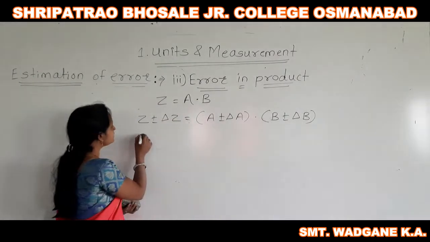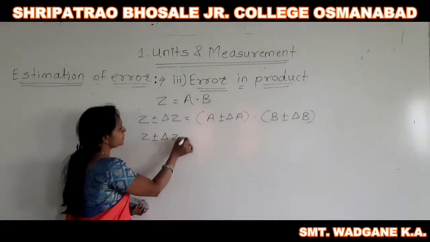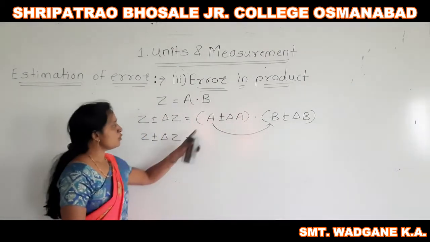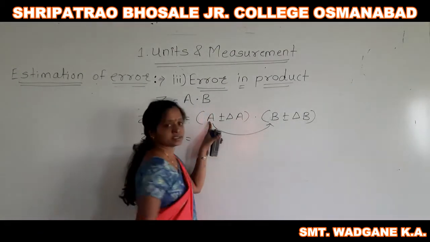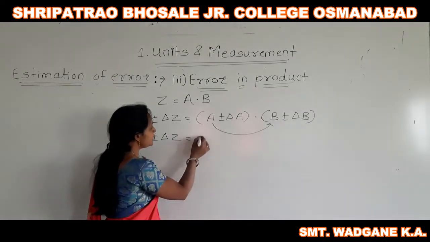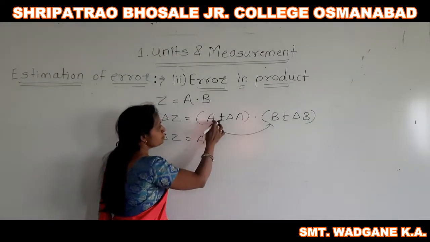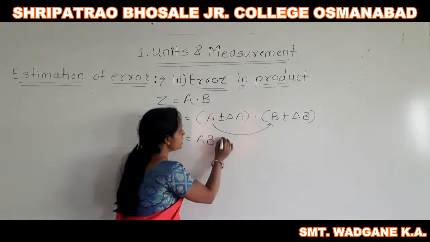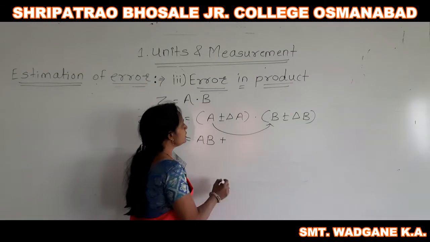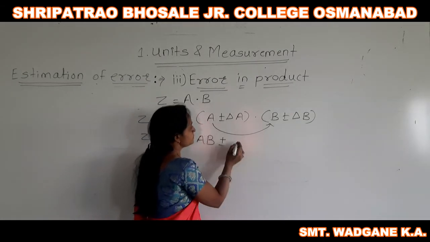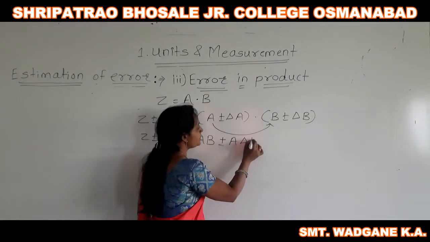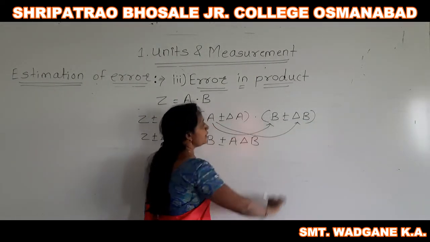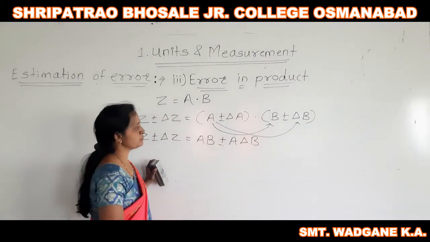Then after that we can multiply this quantity to this quantity. These quantities, what do we do, we multiply them. We get here A into B, A into B plus or minus A delta B, that is A delta B. We get the multiplication.